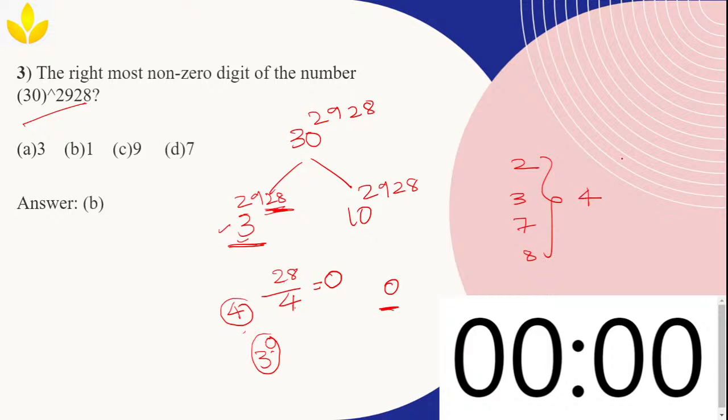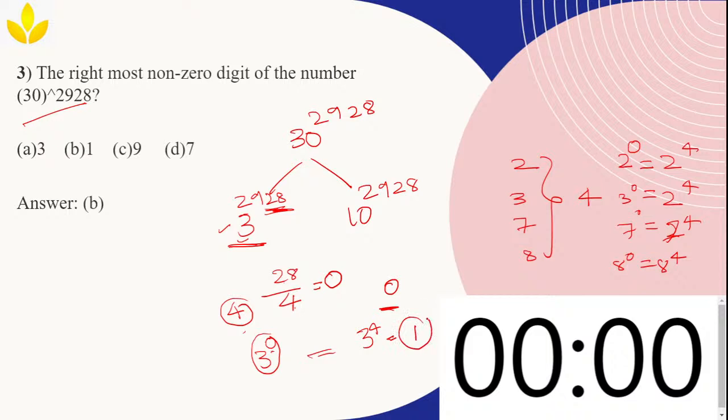For these numbers, if you get the power 0, 3 to the power 0, 7 to the power 0, 8 to the power 0, please replace it by power 4. 8 to the power 4, sorry. So 3 to the power 4 here in this case is 81. So the last digit is 1.